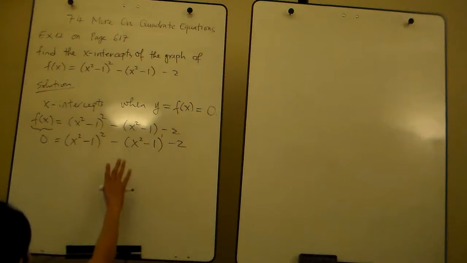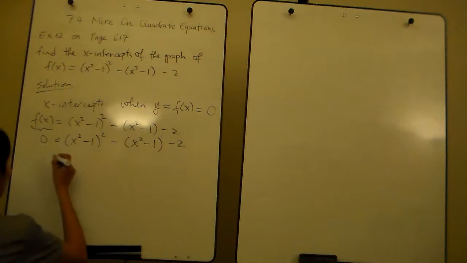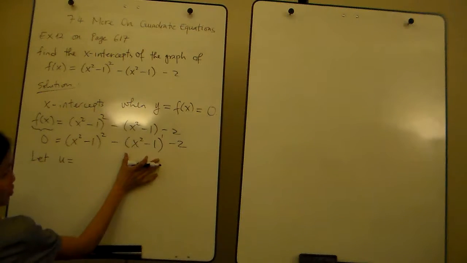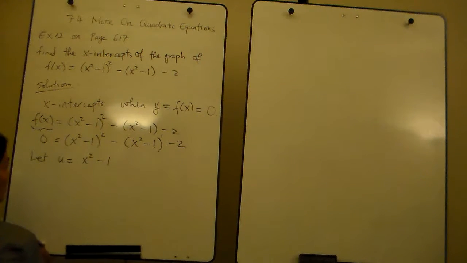So that means you can rewrite this equation as a quadratic equation if you let u equal to this middle term here, which is x squared minus 1.